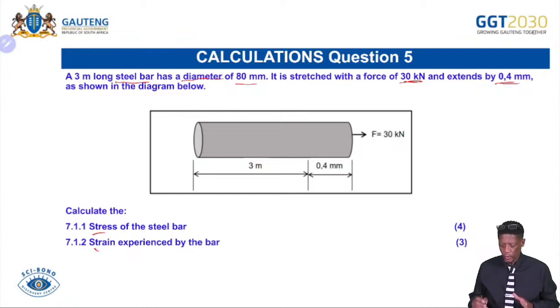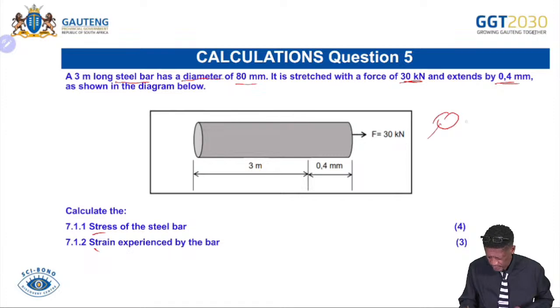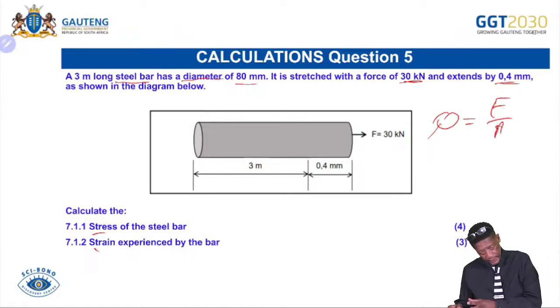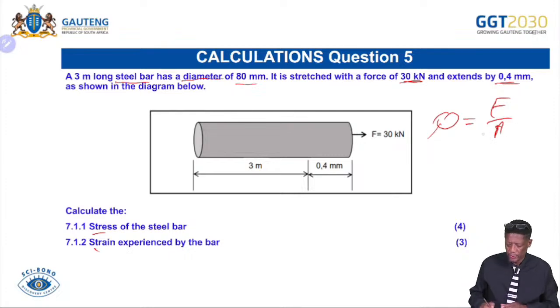We know that stress is equal to force over area. If you check, we don't have an area. We need to calculate the area first. But how do you calculate an area?